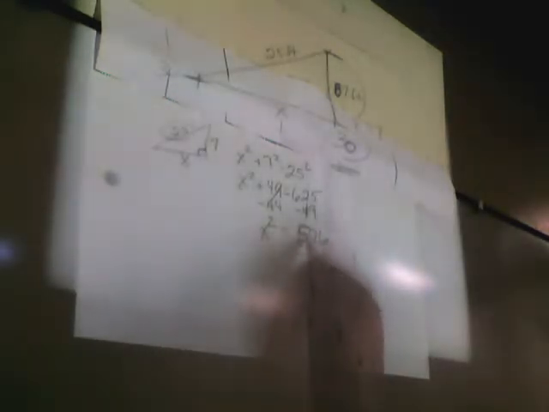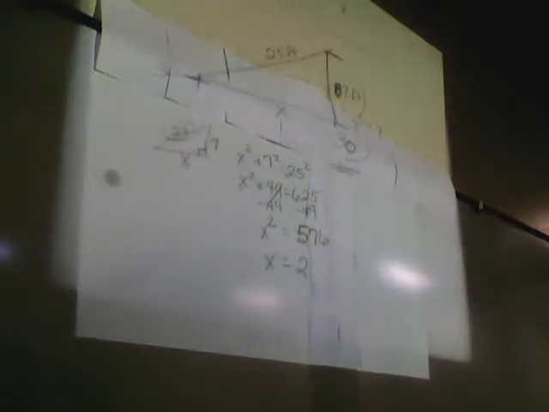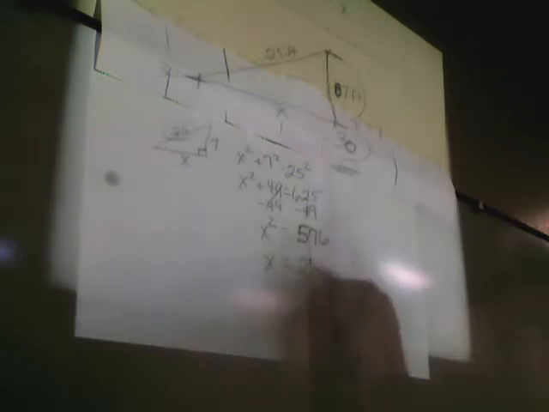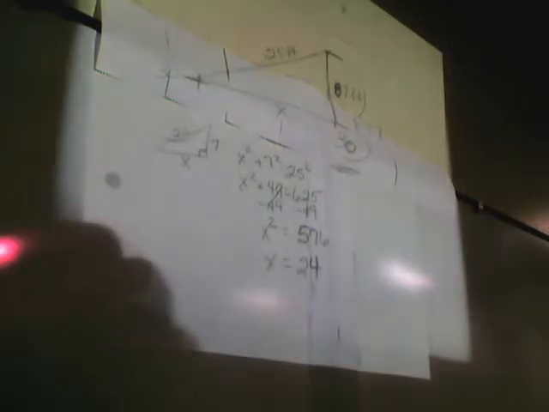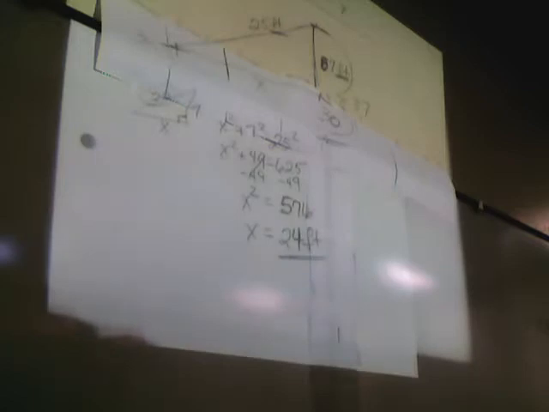What times itself is 576? 24. The square root of 576 is 24. These were using feet, so it's 24 feet between the trees. It's wanting a distance between the trees.